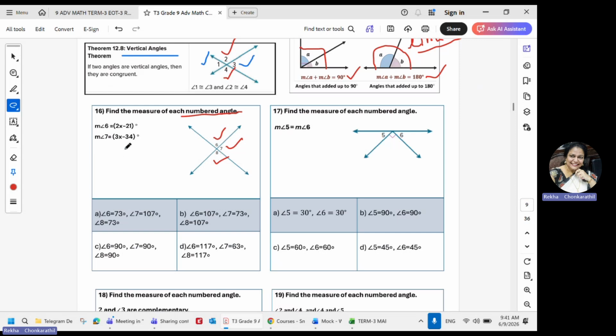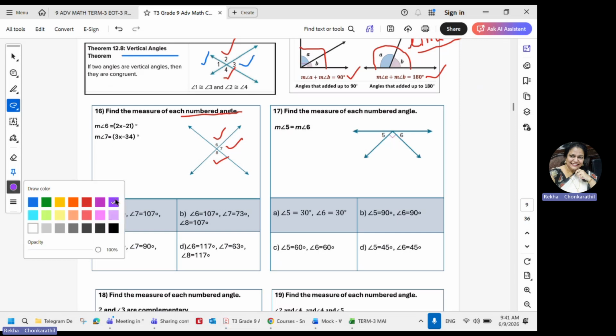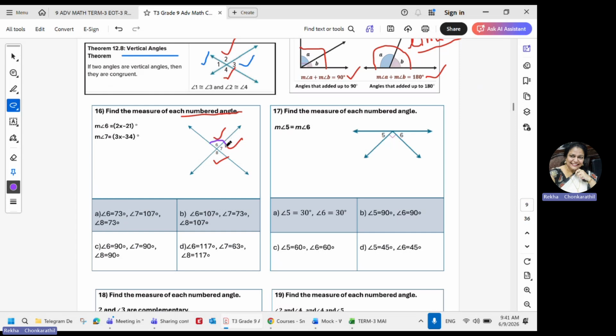But you don't have anything written here about angle 8. You are given only about angle 6 and angle 7. From the figure, if you see that this is a straight line and angle 6 and angle 7, aren't they the linear pair? So do you know that linear pair is always supplementary? So can I add these angles and equate it to 180 degrees?